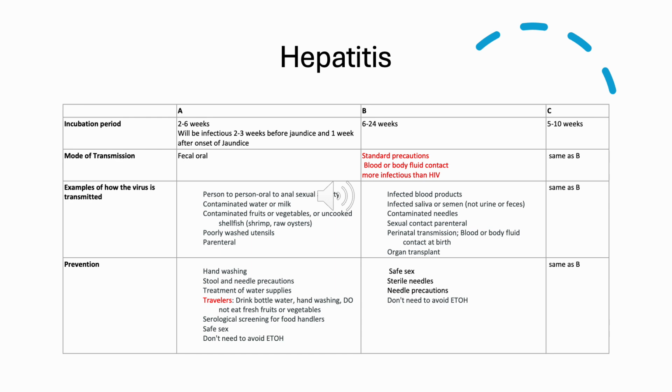Organ transplants could transmit B and C as well. To prevent A, I talked about that. So to prevent B, safe sex, sterile needles, needle precautions. They don't need to avoid alcohol unless it's excessive. Excessive alcohol could also result in inflammation of the liver.